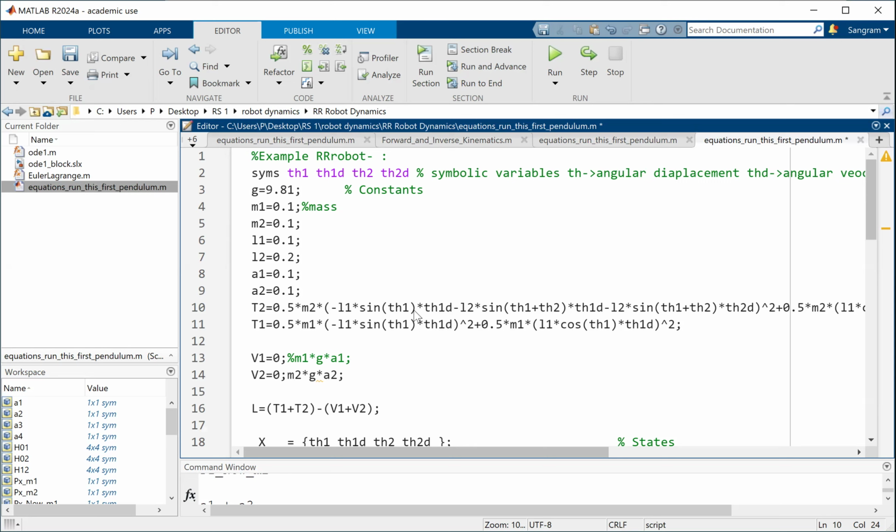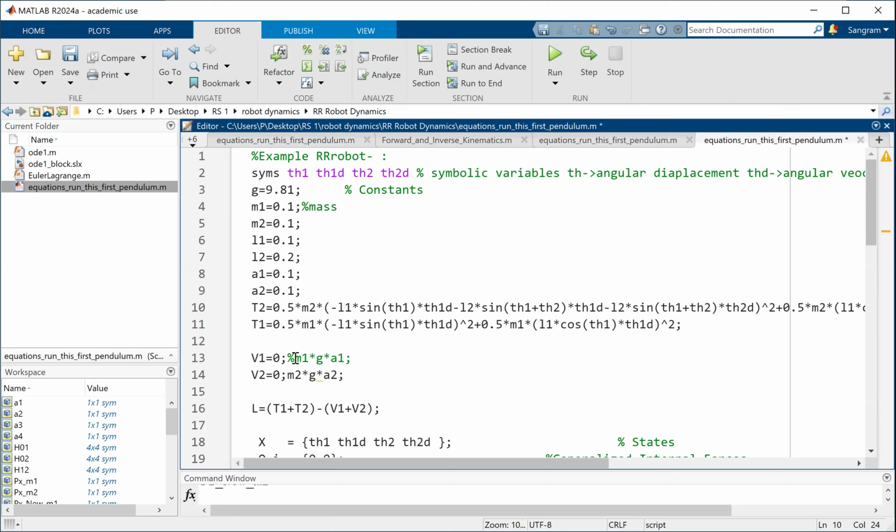Then I'm replacing the variable diff theta 1 parentheses t comma t by th1d. So this entire expression is similar to the expression that we obtained from the previous script, the script that we just ran.